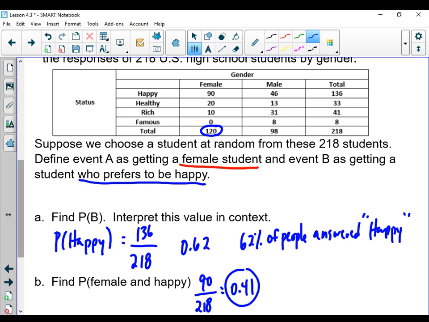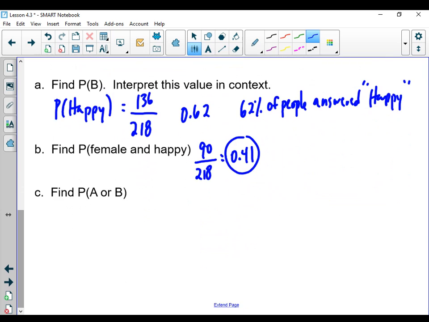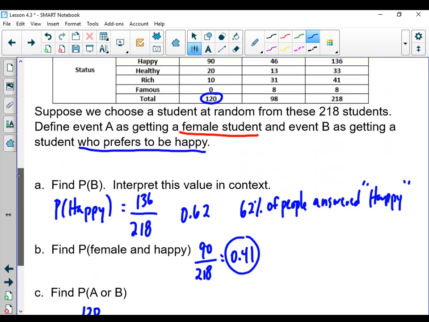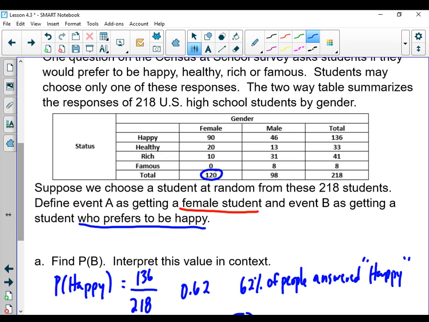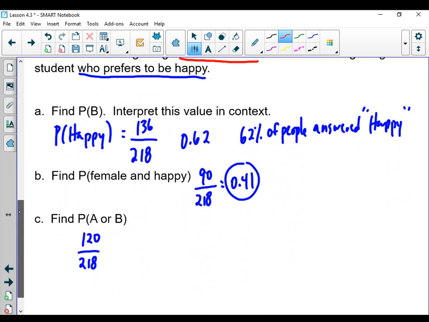That would be 120. So the probability of A happening is 120 out of 218. Then I think about, how many said they wanted to be happy, regardless if they're a female or male? Well, that's 136 out of 218.